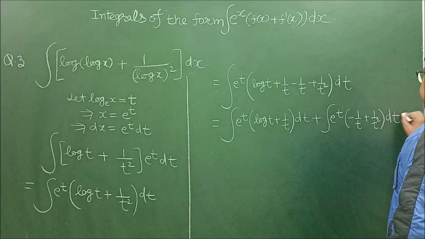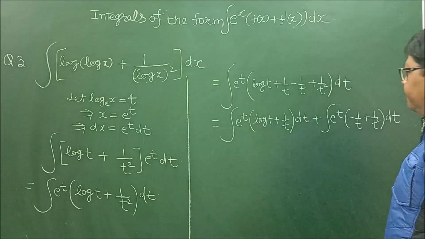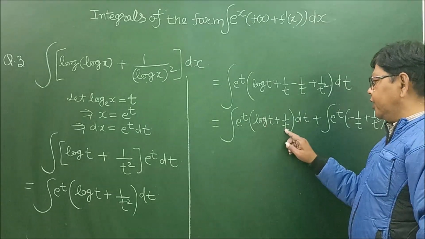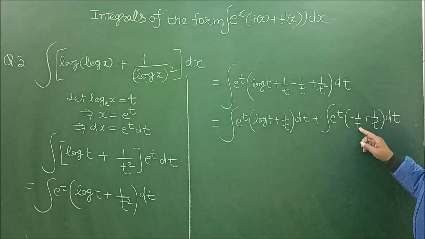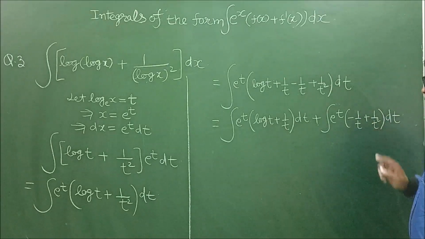और अब देखें यहाँ पे log t का डेरिवेटिव is present here, 1 upon t, और minus 1 upon t का डेरिवेटिव is here 1 upon t square.